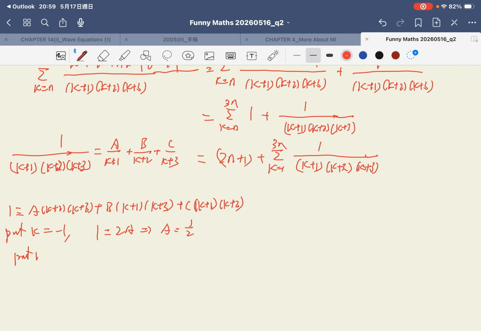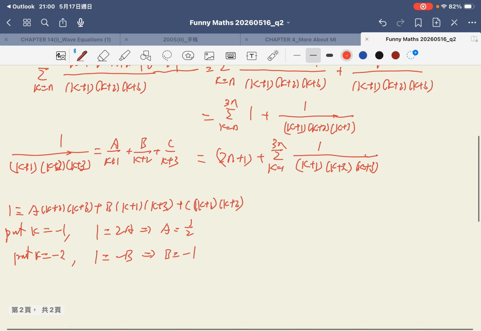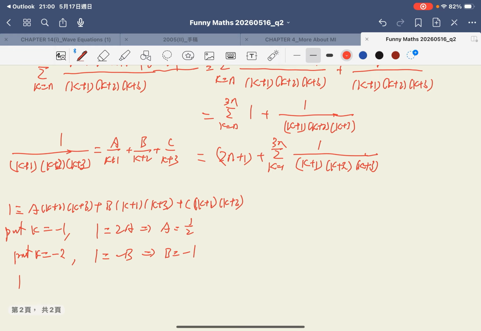Put k equal to -2. The left hand side is 1. The right hand side has two terms equal to 0, leaving -b, so b is -1. Put k equal to -3.